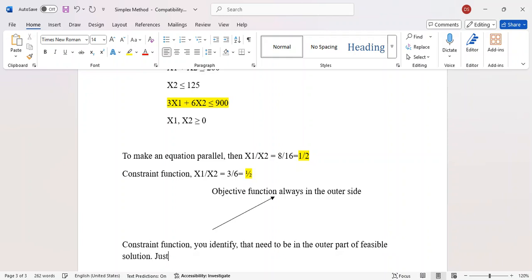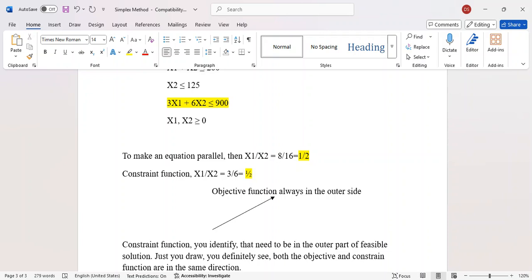Just draw it and you will definitely see both the objective and constraint functions are in the same direction. If it is a minimization question, then the direction will be different.